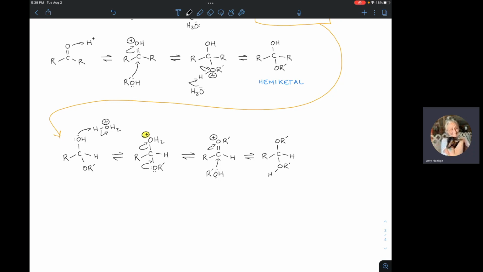And it's the same old stuff, right? Water is then going to come in, well, the hydronium ion, take its proton back. Water will deprotonate the oxygen. And notice the difference between the hemiacetal and this new thing we're going to form.